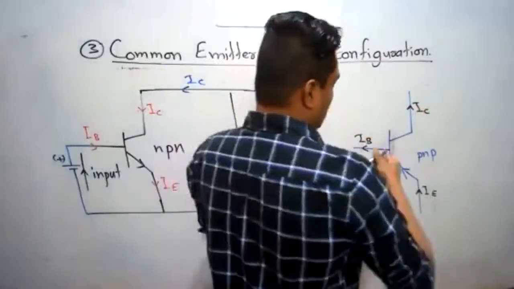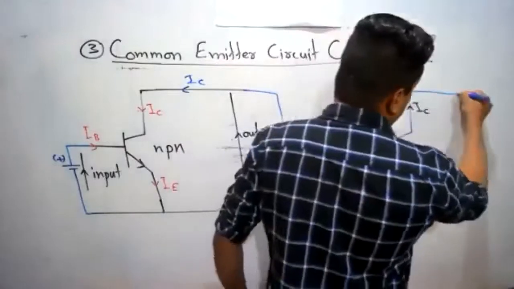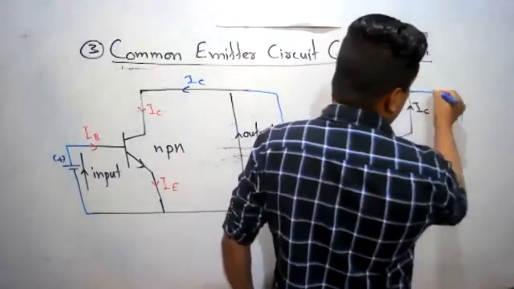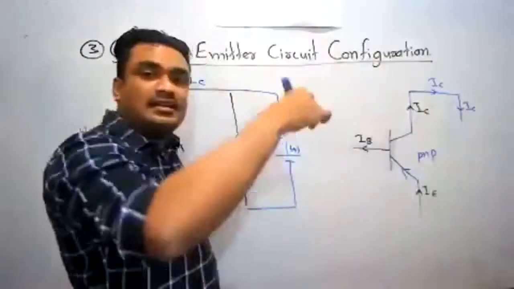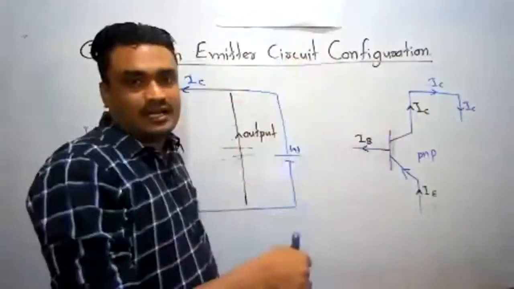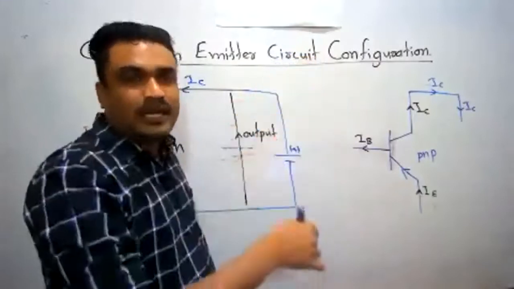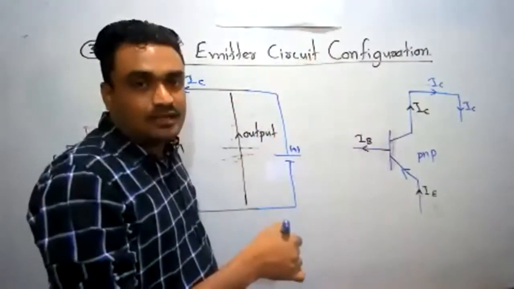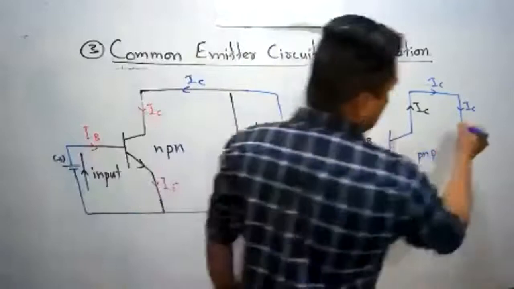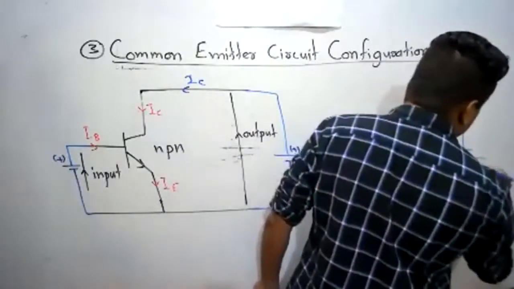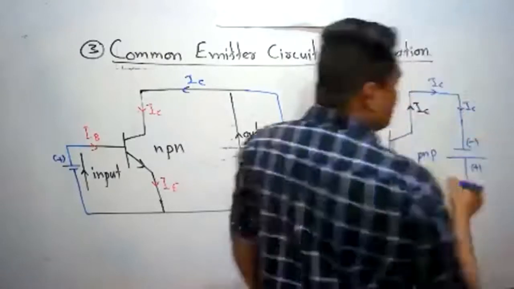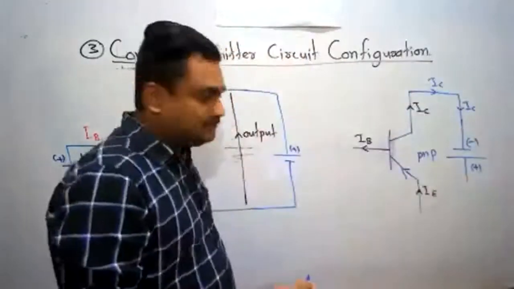So, if I draw the battery, this IC current flows like this. A current can enter a battery through the negative terminal, under normal conditions. So therefore, this should be the negative terminal, and this should be the positive terminal. Can you understand? That's how we determine the battery connections here.